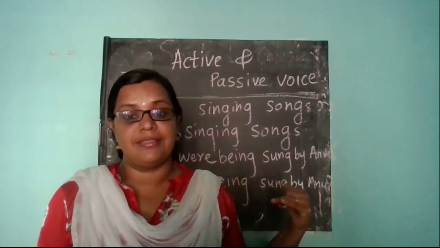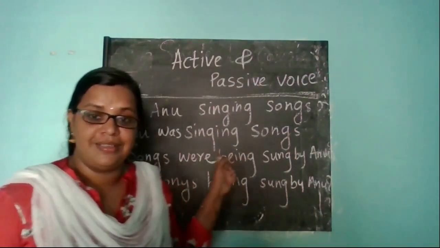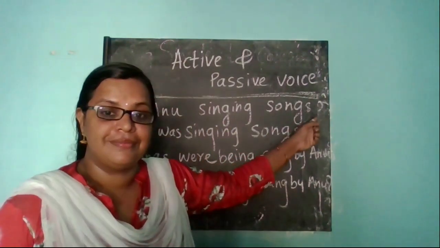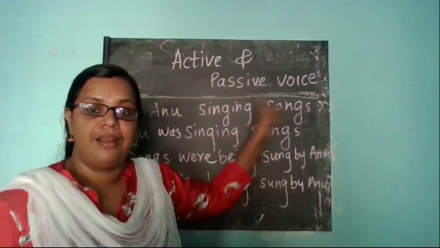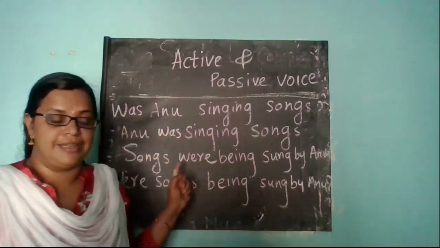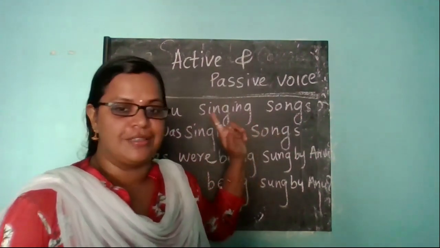You know that in past continuous we will use either was or were. See the same example. Was Anu singing a song? Yes, which is our first step? Convert this interrogative sentence into an assertive sentence. Anu was singing songs.